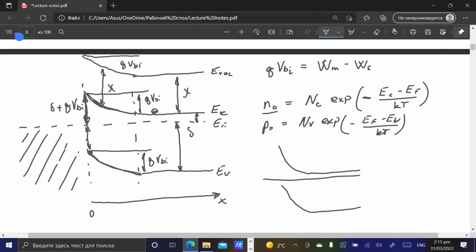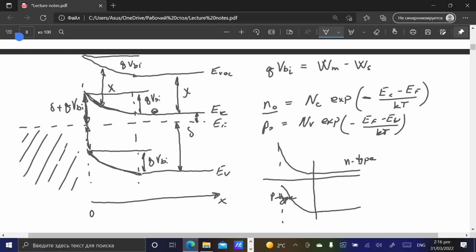It was n-type here in the neutral region, because Fermi energy is much closer to the bottom of the conduction band, but it becomes p-type at the metal-semiconductor interface.